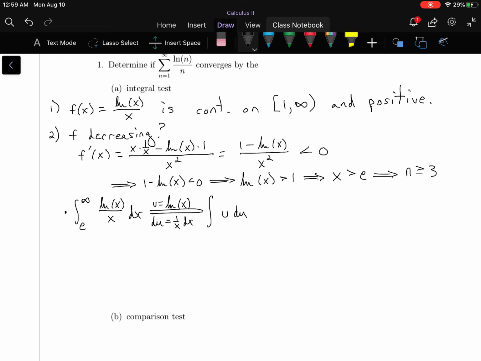So u is the natural log of x, and the 1 over x dx remaining is du. When we integrate this, we have u squared over 2, which is the natural log of x, this quantity squared over 2. And we're evaluating that from e to infinity.